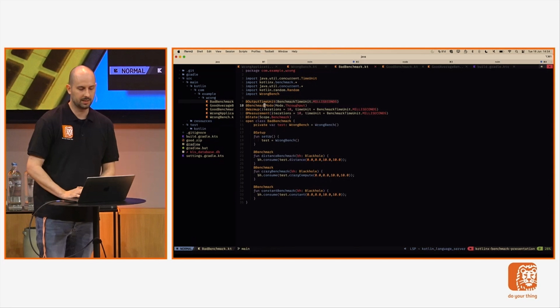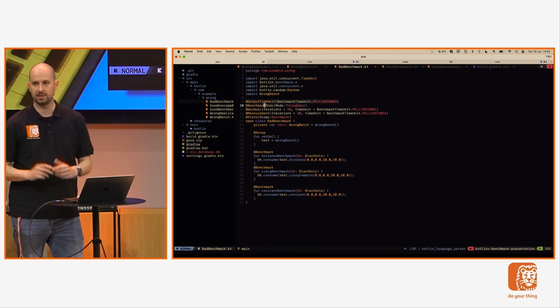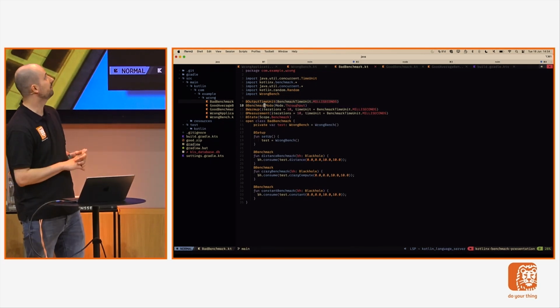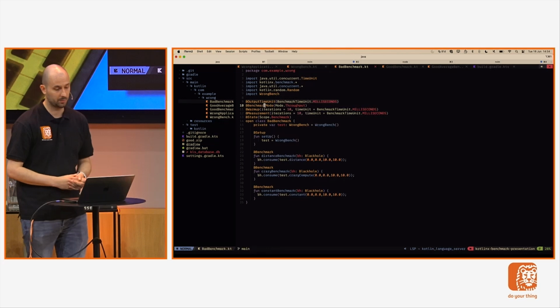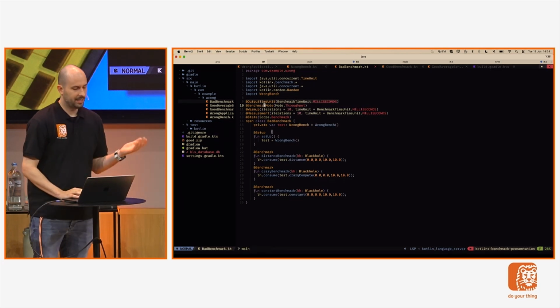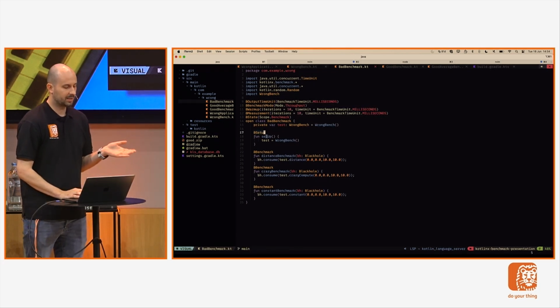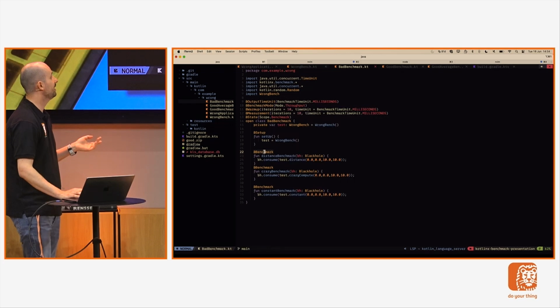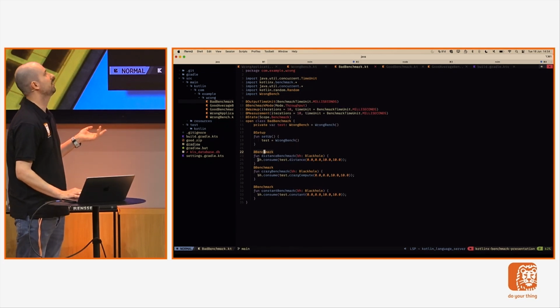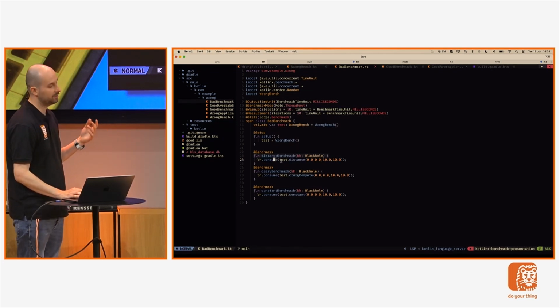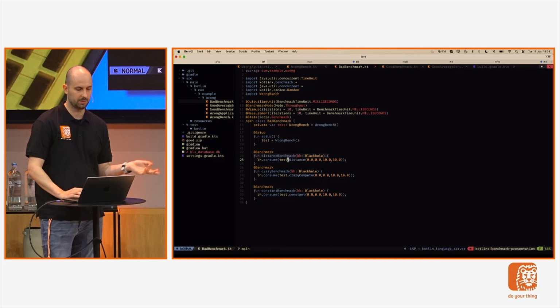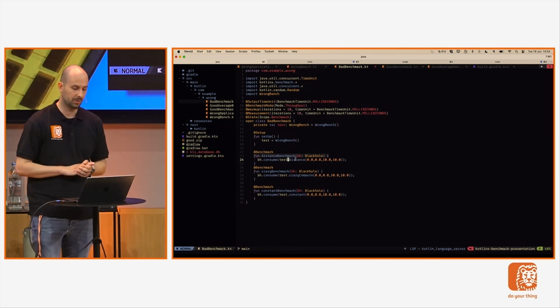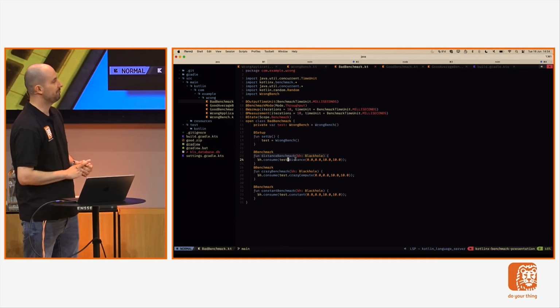Also, it is important that you need to specify the mode. As I mentioned before, I will only work with two: one is throughput, and the second one is average. Then you have the setup of the benchmark that will be invoked before each of the benchmarks, and a black hole that will consume the result. You can also just return a result from this function, and it will give you some metrics for that.